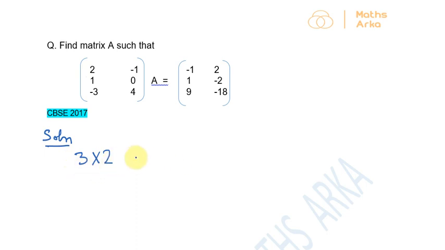Now let's assume m by n to be the order of A, and the result is a 3 by 2 matrix, that is, the resultant product matrix is 3 by 2.